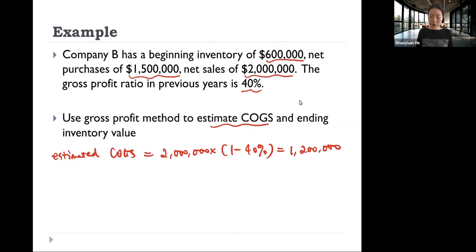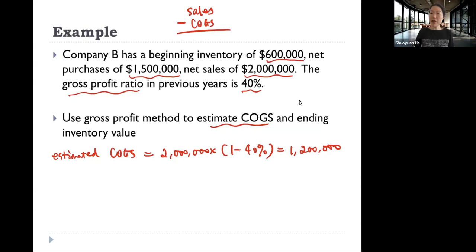And if you ever ask, why do we estimate cost of goods sold this way? Because we know what the gross profit ratio is. We take the firm's sales minus cost of goods sold, and the difference between these two numbers is the firm's gross profit.